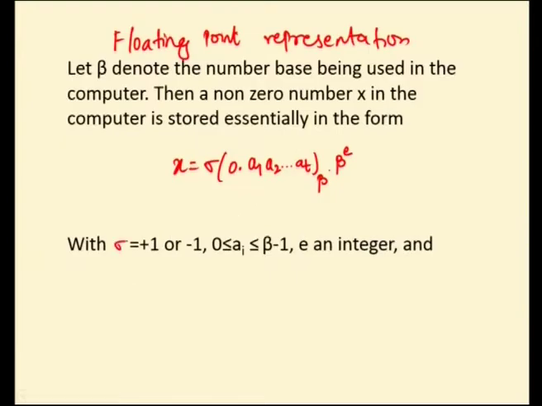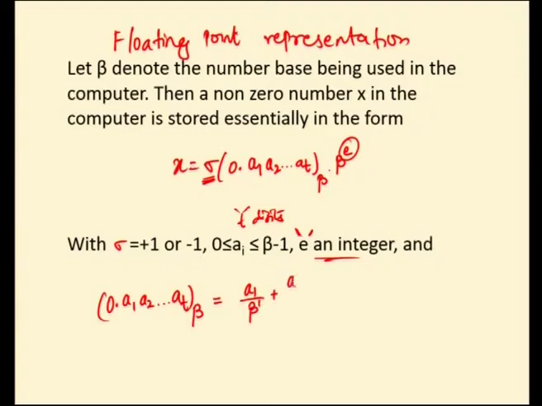With sigma equal to plus 1 or minus 1, and t digits, 0 less than or equal to ai less than or equal to beta minus 1, and e is always an integer. The number 0.a1 a2 up to at in base beta is actually a1 by beta power 1 plus a2 by beta square plus a3 by beta cube plus and so on, plus at by beta power t.